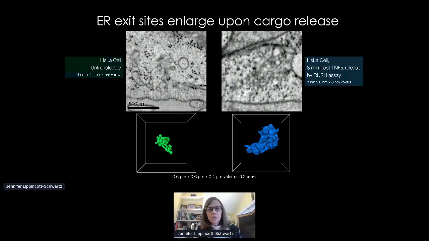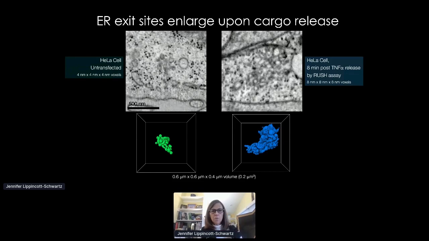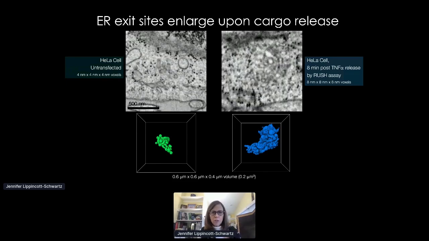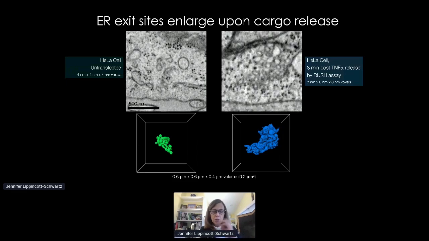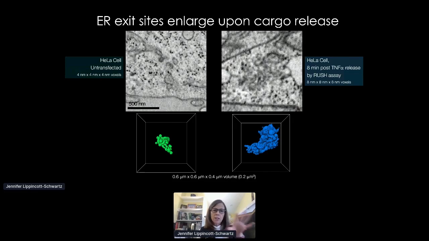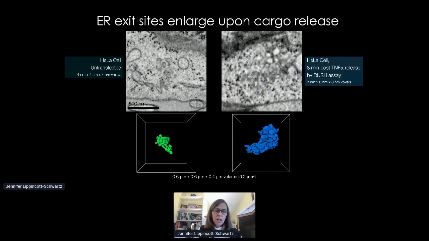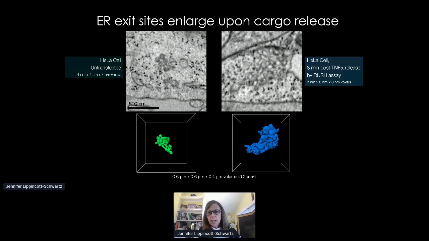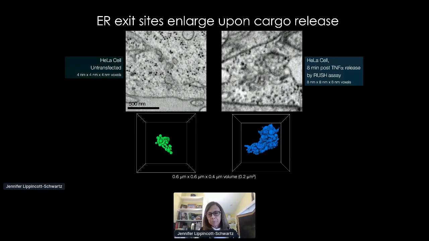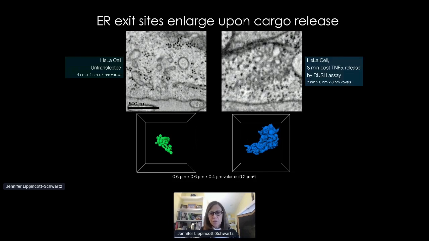Now, one of the questions that we were interested in is what happens to these ER exit sites if we suddenly allow a bolus of secretory cargo to move into them. To do that, Aubrey and Chelan treated cells, looked at ER exit site size, either in untransfected cells or cells where we've introduced a secretory cargo protein and released it into the secretory pathway for a short period of time.